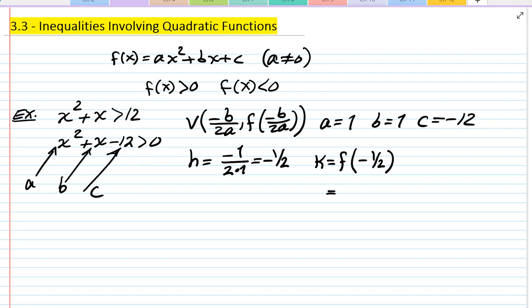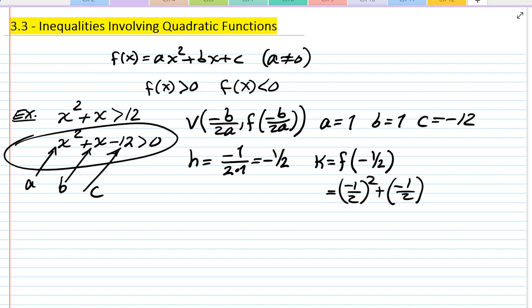So I need to substitute negative 1/2 into my quadratic function. That's negative 1/2 quantity squared plus negative 1/2 minus 12. Negative 1/2 squared is 1/4, minus 1/2, minus 12. And this is going to be negative 12 and 1/4.